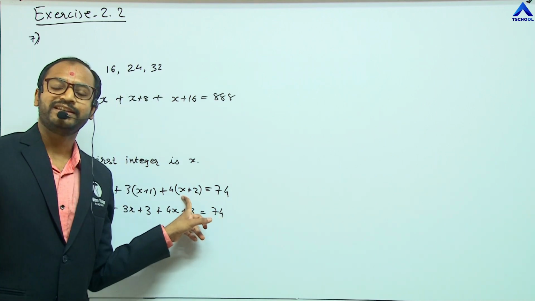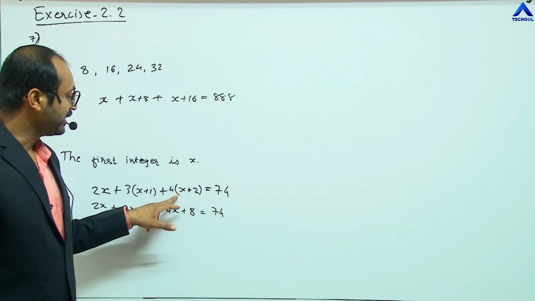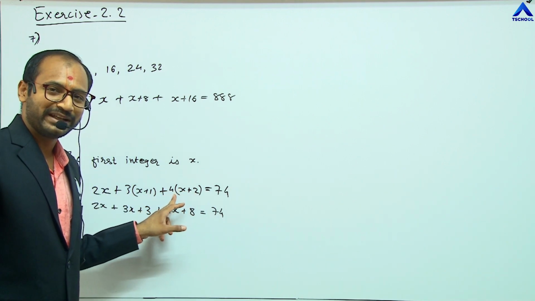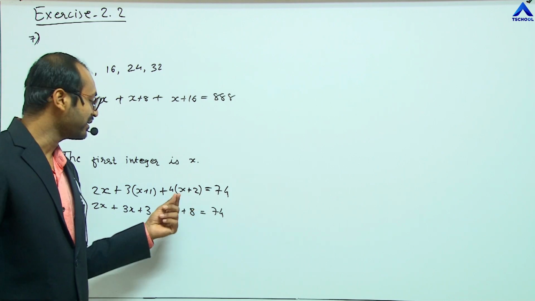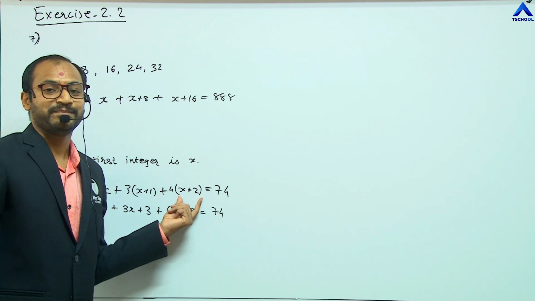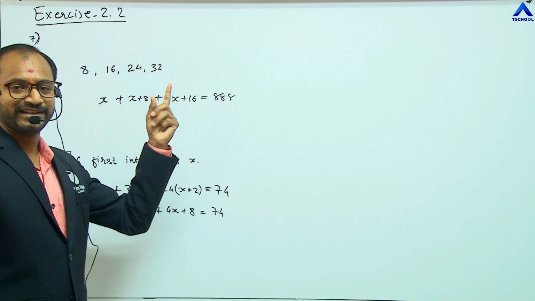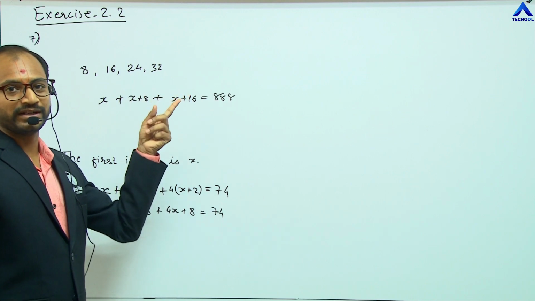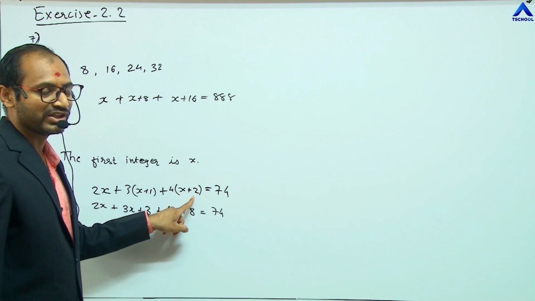Now here we have studied the distribution of multiplication over addition. We are opening this bracket by using this property of rational numbers.